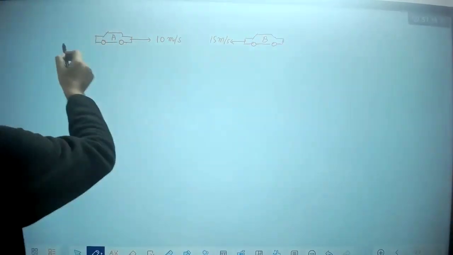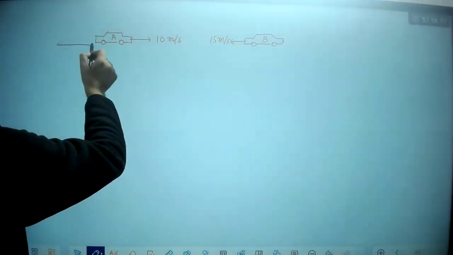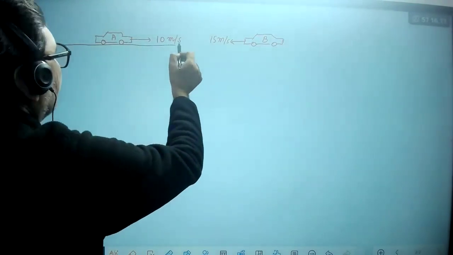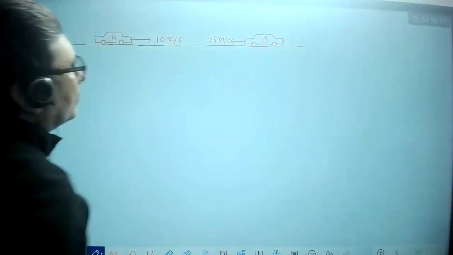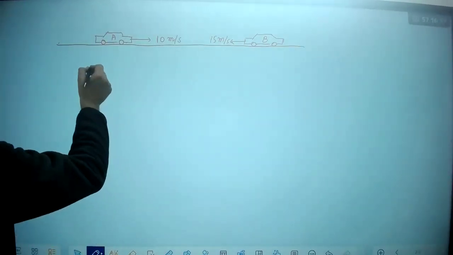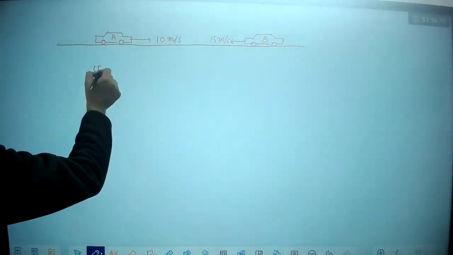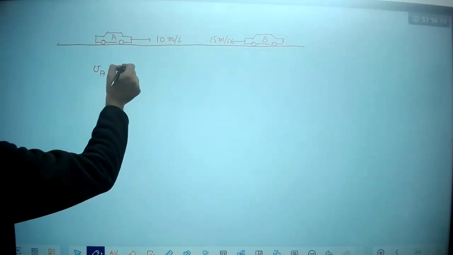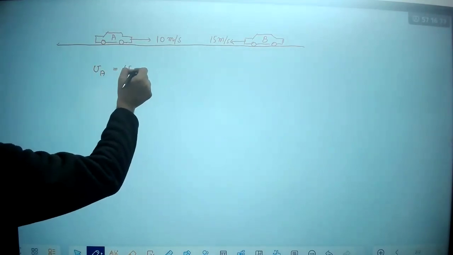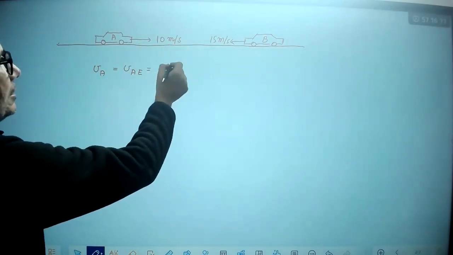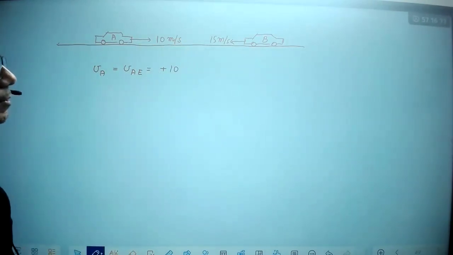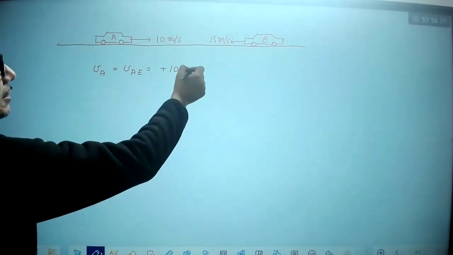These are arbitrary numbers I'm choosing. And they are moving on the earth, moving towards each other. So here, try to understand what will be VA, or you can write it as VA with respect to earth. Because it is moving in plus direction, this is plus 10 meter per second.